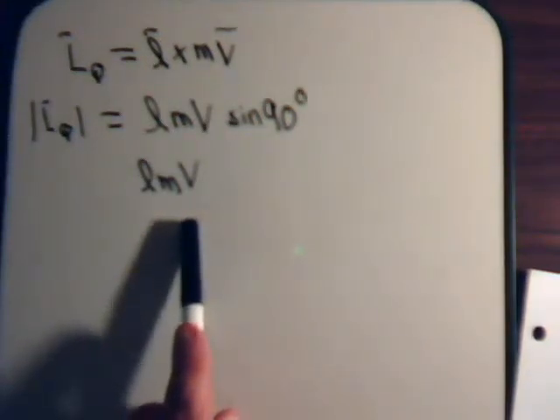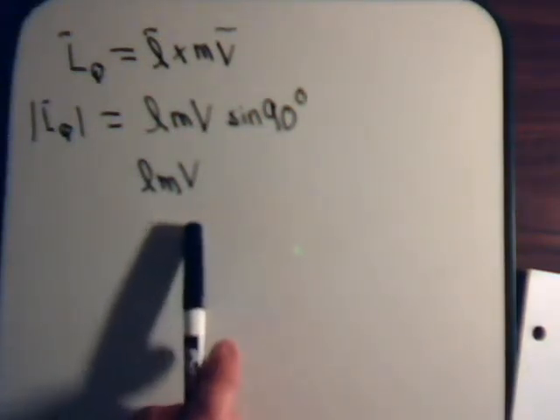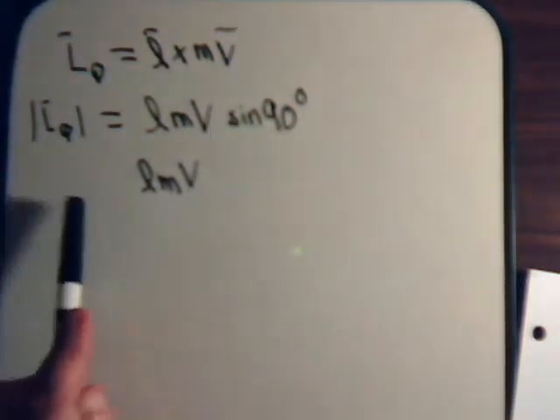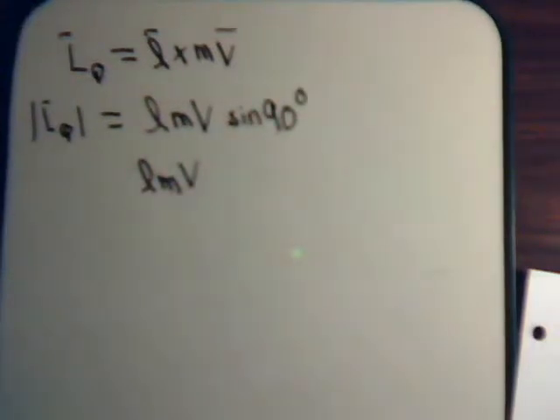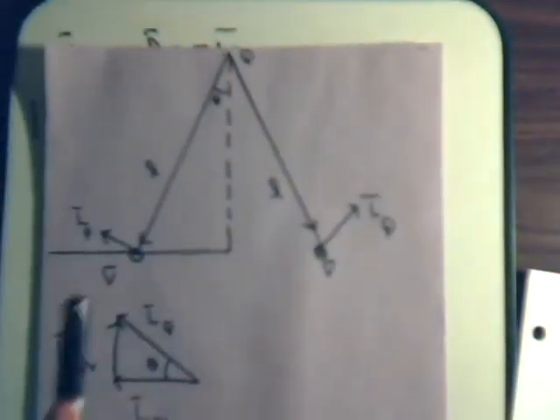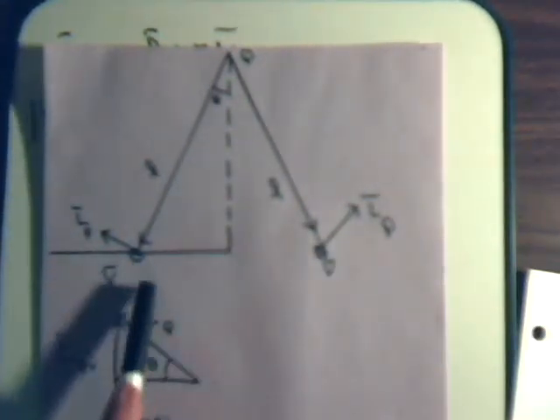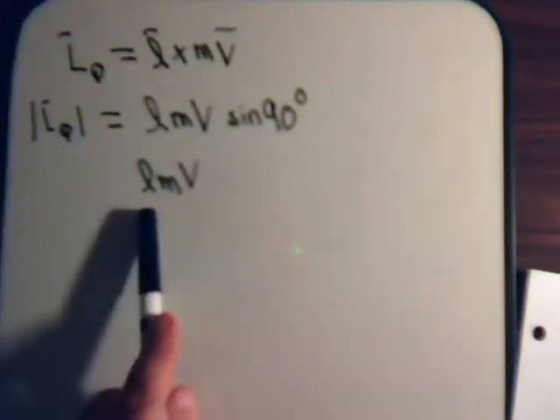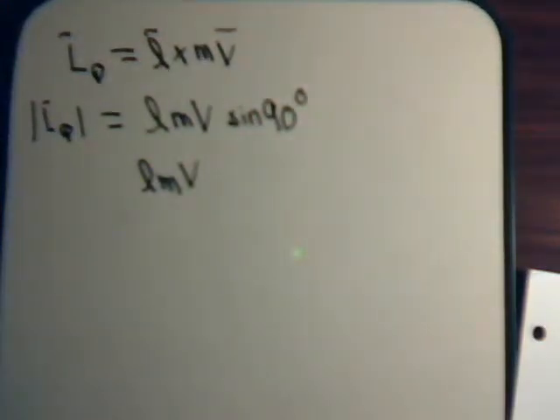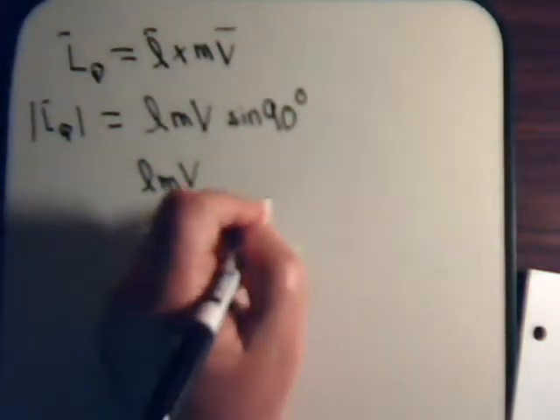So what we know then is that the angular momentum with respect to point Q changes direction, as we saw in these two positions, and of course it changes direction in every position along the circle, but its magnitude is constant.